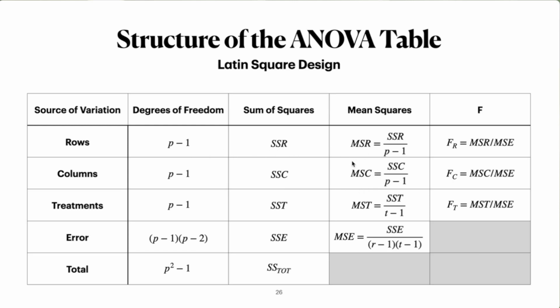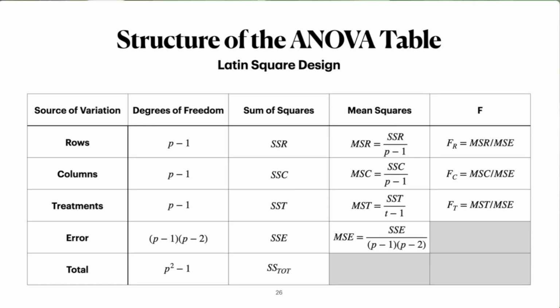To get the mean square for columns, we divide the sum of squares for columns by p minus 1. To get the mean square for treatments, we divide the sum of squares for treatments by p minus 1. And then to get the mean squared error, we divide the sum of squared error by its degrees of freedom, p minus 1 times p minus 2. Now I see I've got a typo there. Let me fix that real quick. And voila, there we go.